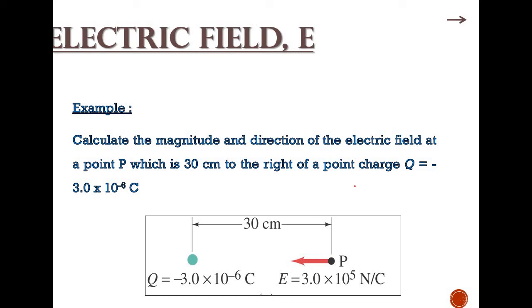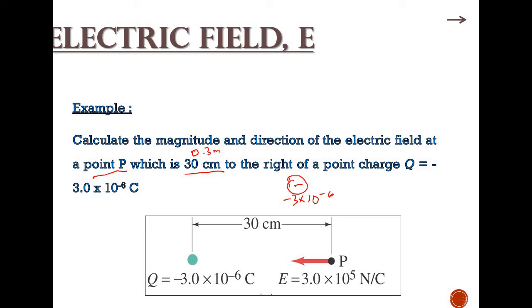For the example here, calculate the magnitude and direction of the electric field at point P, which is 30 cm, 0.3 meter, to the right of a point charge Q. So we have a charge Q, which is a negative charge, negative 3 times 10 to the power of negative 6.